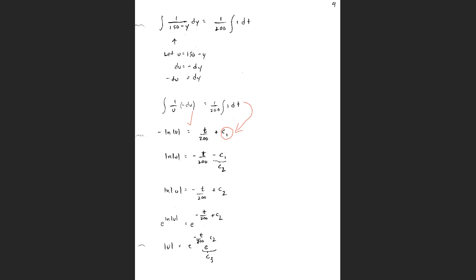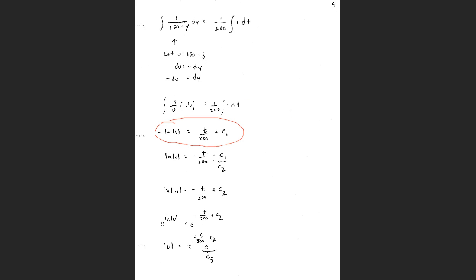But I know I'm going to have to manipulate my constant of integration, so I don't call it K yet. So of course we want to get the u by itself. So I'm going to multiply through the whole equation by -1.